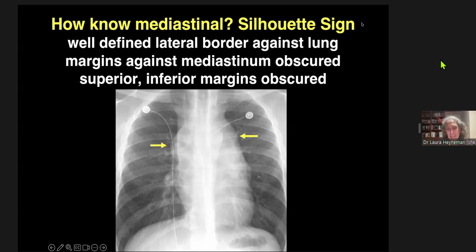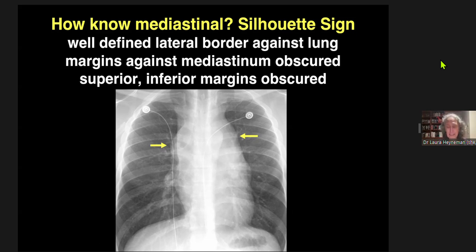So I see on this radiograph bilaterally well-defined margins along the lateral aspect of this opacity. So very sharply demarcated, what I refer to as pushing margins, suggesting that there is something that is extra parenchymal, not in the lung parenchyma, but pushing against the right and left lung.